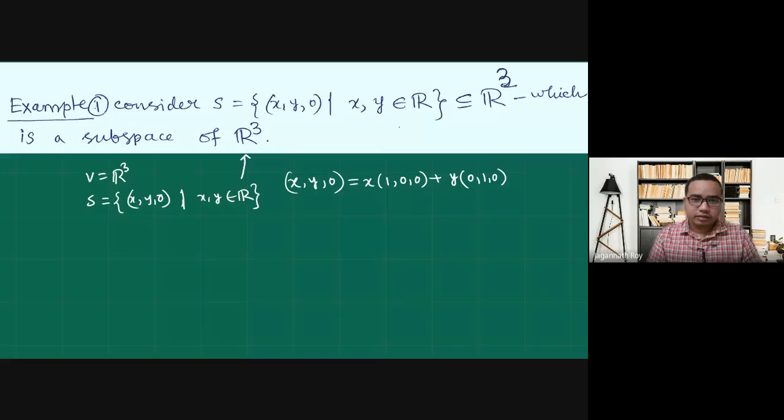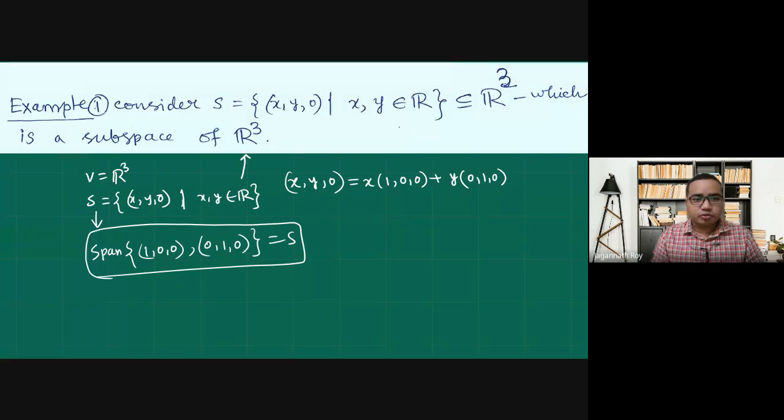So for this set, the span of 1, 0, 0 and 0, 1, 0: these two vectors are sufficient to represent the elements of this set. So this is actually the span of the set.